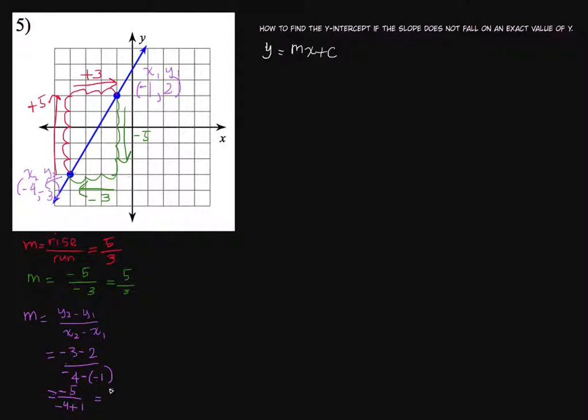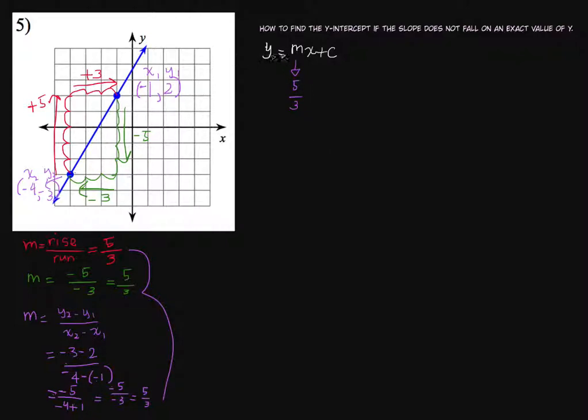So that's negative 5 over negative 3, and since negative divided by negative is a positive, your slope is 5 over 3. Okay? Three different ways, we got the same value. So let's go back here. We know now that our slope is 5 over 3.